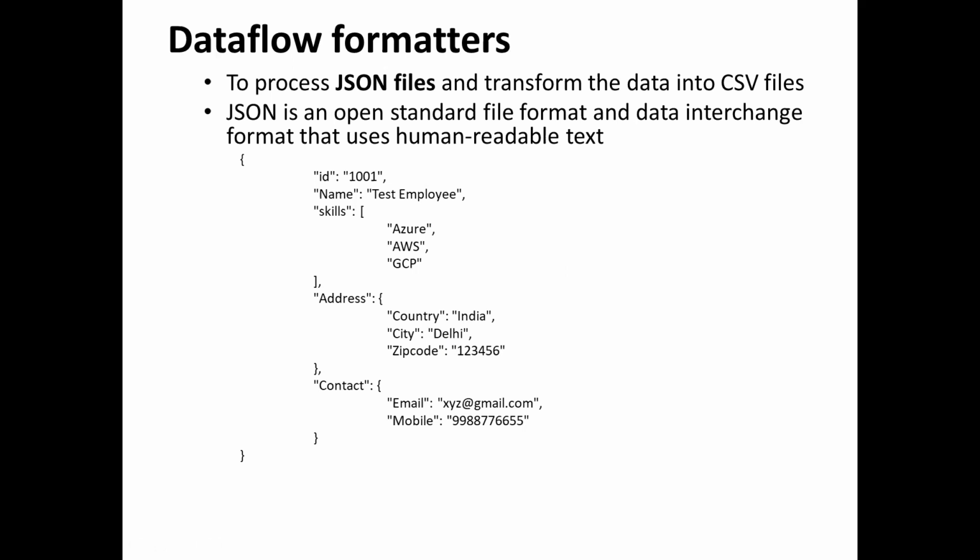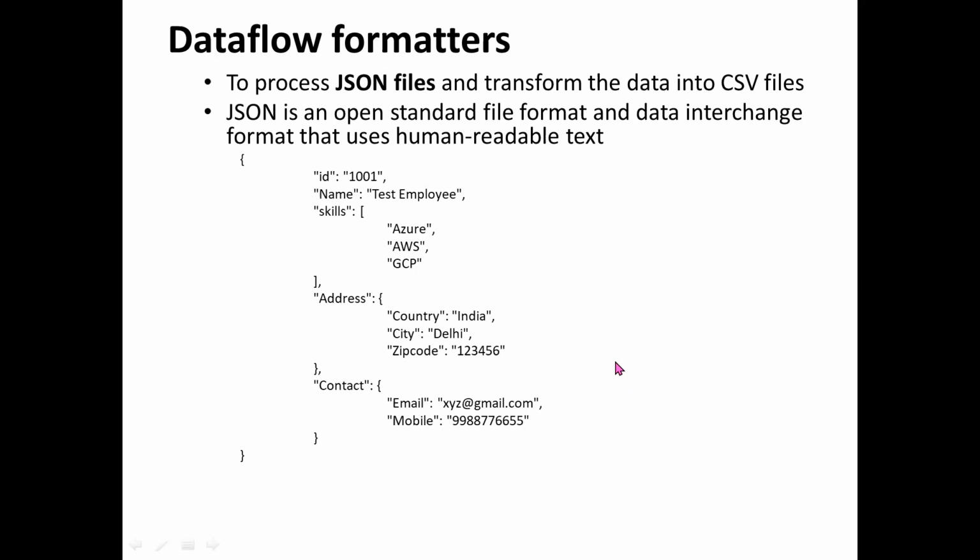You would have dealt with XML, right? You know how an XML file works. Similarly, JSON is an advanced concept of XML, I would say, and it's very widely used across the industry. Particularly in the data space, we keep hearing about JSON files.